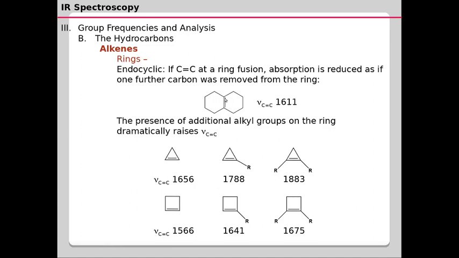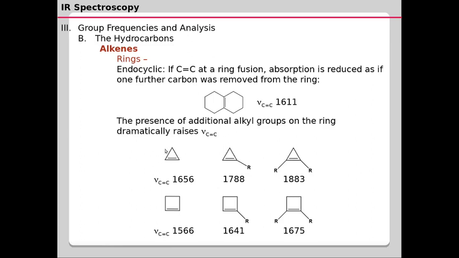Then the carbon-carbon double bond vibration would be shifted towards lower frequency, as if one further carbon is removed from the ring. Okay, and again, if you have some additional alkyl substituents on the ring system, that could dramatically influence the carbon-carbon stretching vibrational frequency.